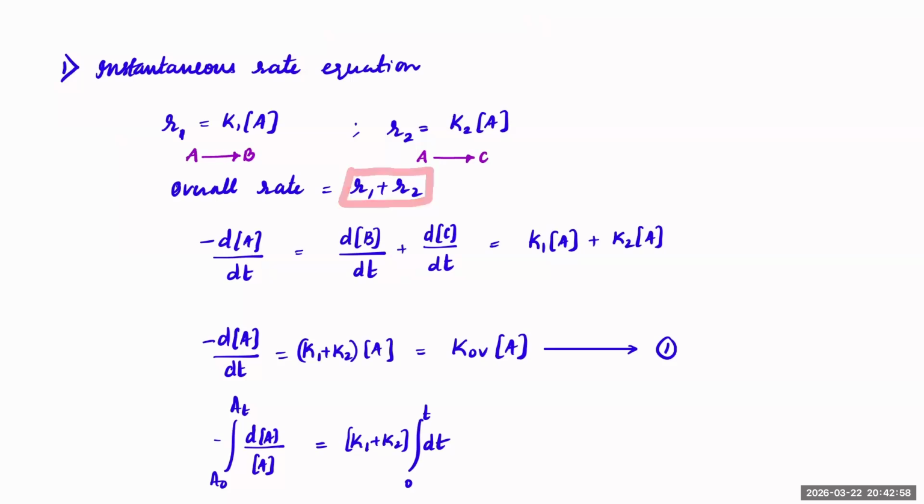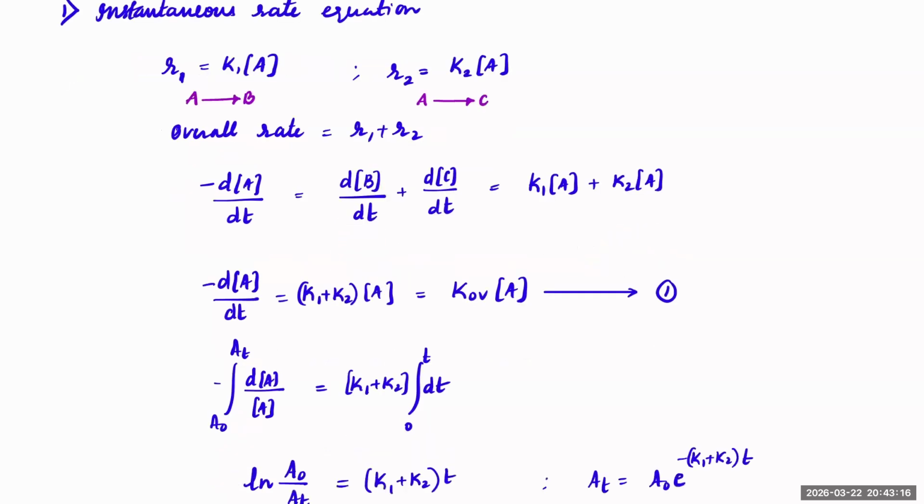This is the overall rate of change of A, which is rate of formation of B plus rate of formation of C. And dB by dt can be written as K1 into A, and dC by dt can be written as K2 into A.